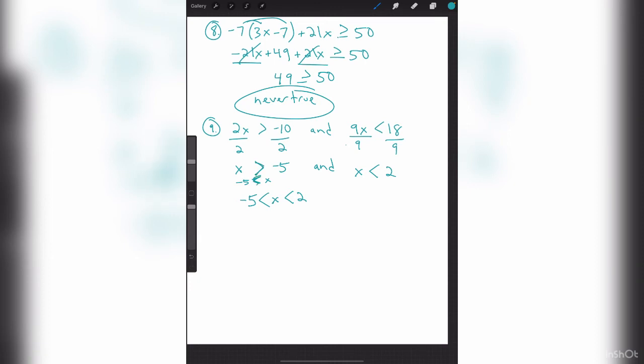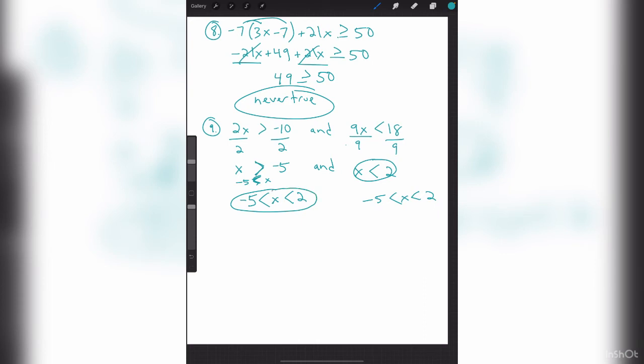So in writing that, negative 5 is less than x. And then you just keep this part of the problem, x is less than 2, and just add that onto the end there. Okay, so the answer in this case would be negative 5 is less than x.